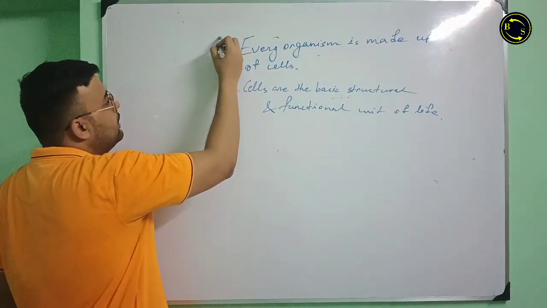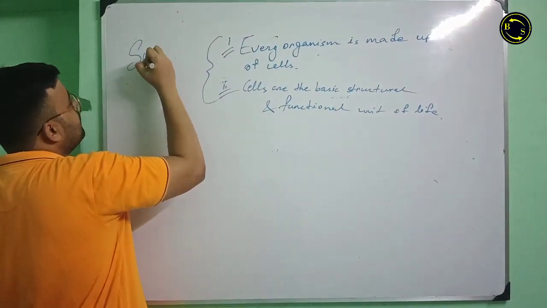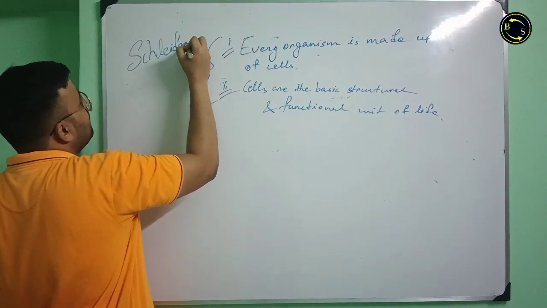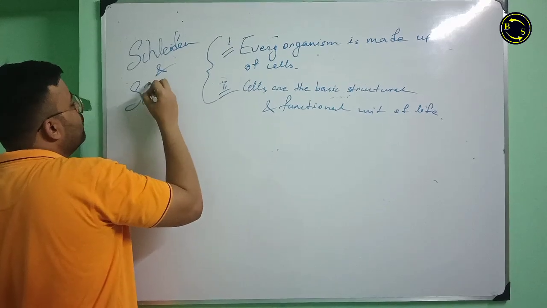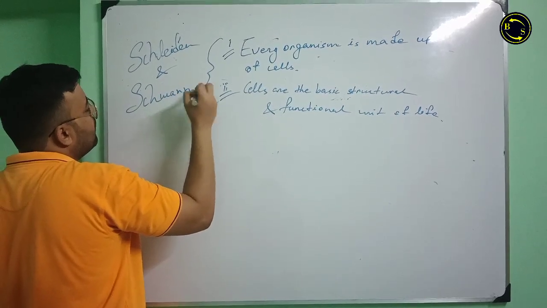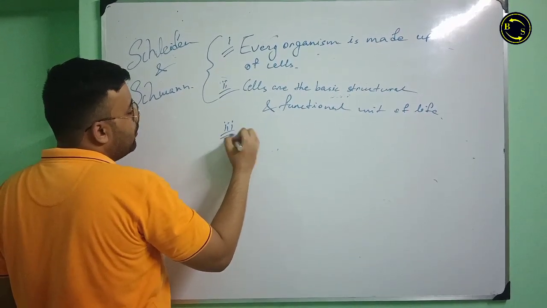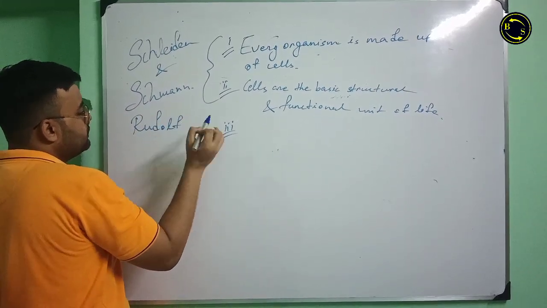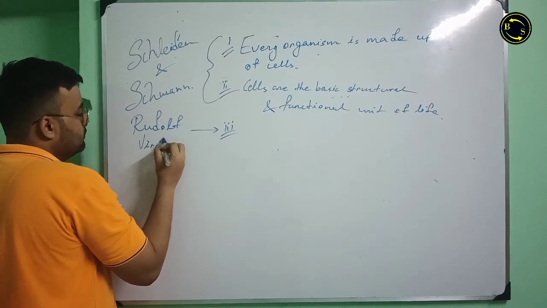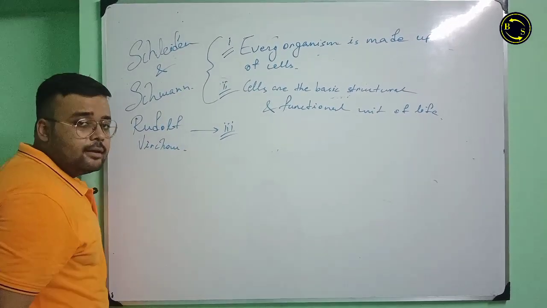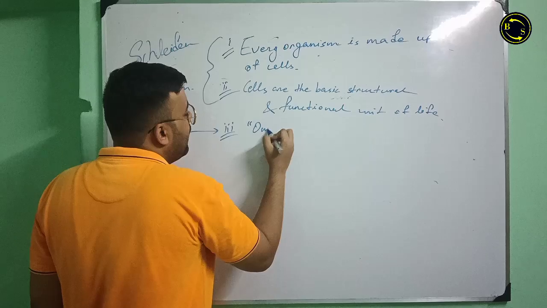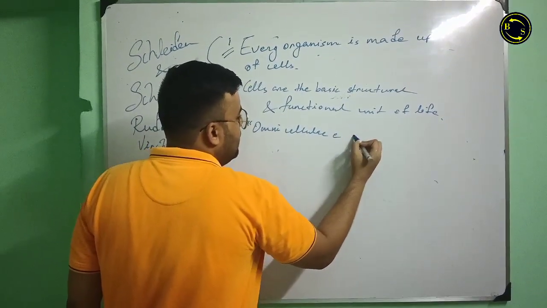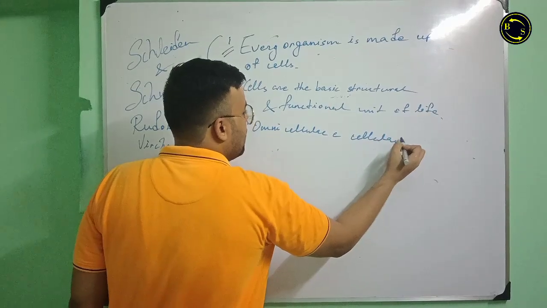These two were given by Schleiden and Schwann. Now the third point was given by Rudolf Virchow. He said, omni cellula e cellula.